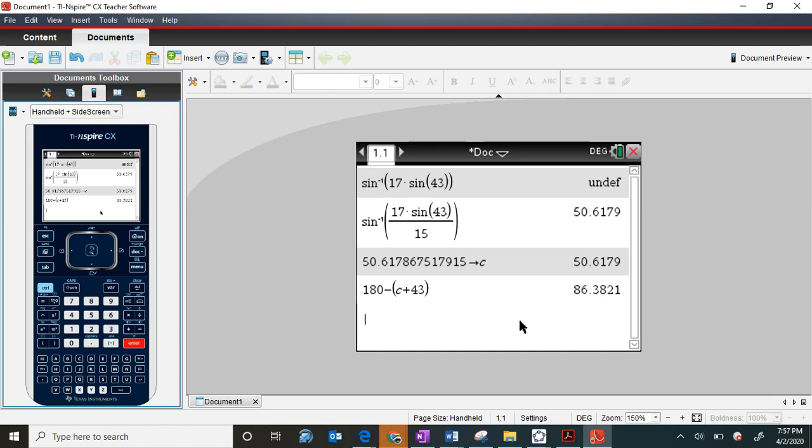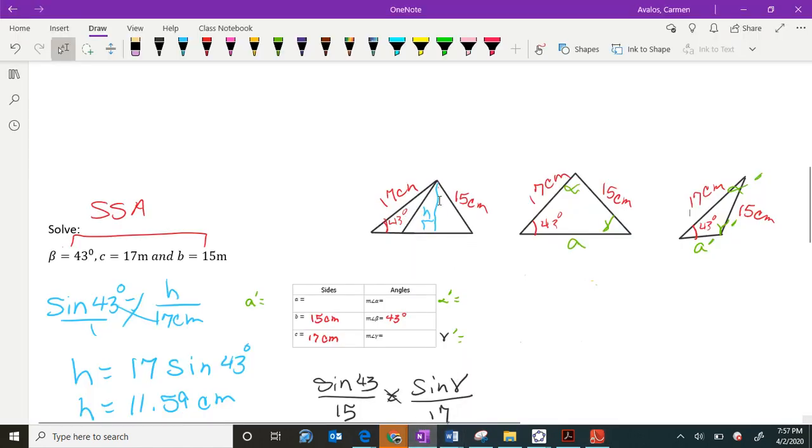Then how am I going to figure out the other two angles on the other side? This is the reason why I did the double triangle and embedded one in the other. I'm going to get rid of this because we don't need it. If I look at this, I know that this is 15 and they're both 15.